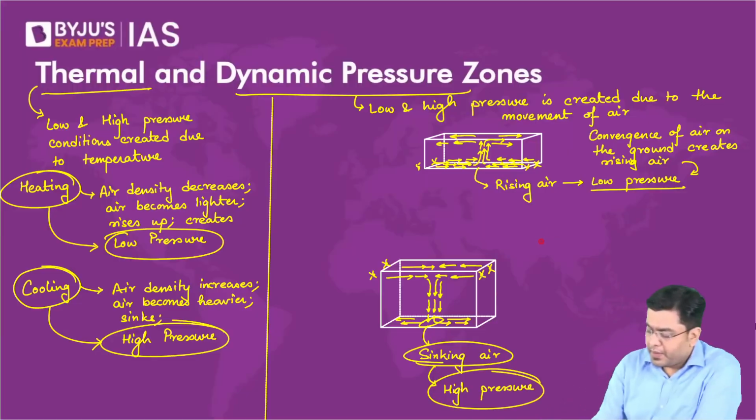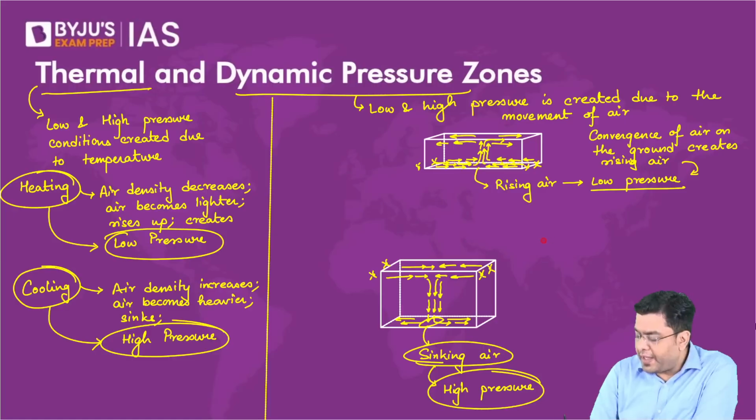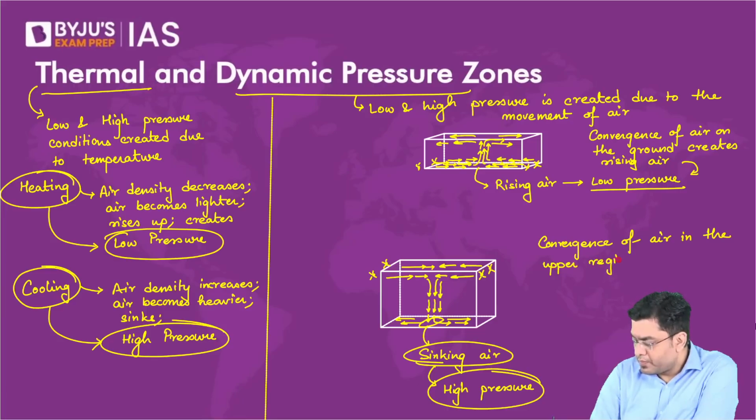So convergence of air in the upper region pushes the air down, causing divergence at the surface.